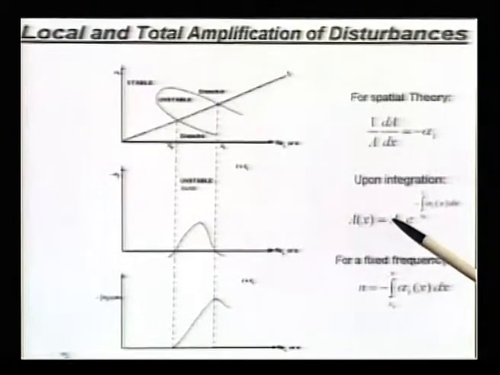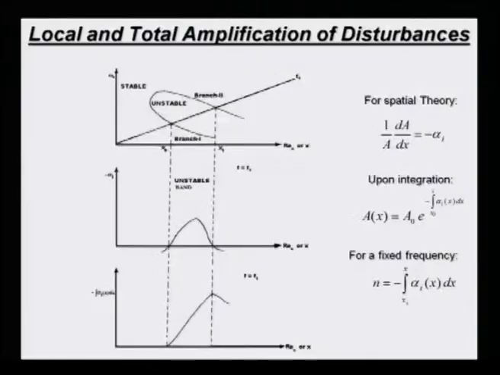So, A of x is nothing but A naught e to the power minus the integral from x naught to x of alpha I of x dx. Why did I put this x within parenthesis of alpha I? Again the same thing that we talked about, that this is what we are expecting. We are expecting that the flow will latch on to the local condition, right.